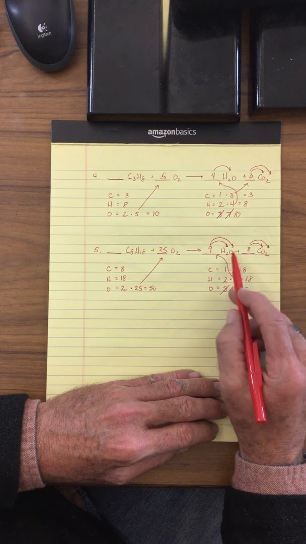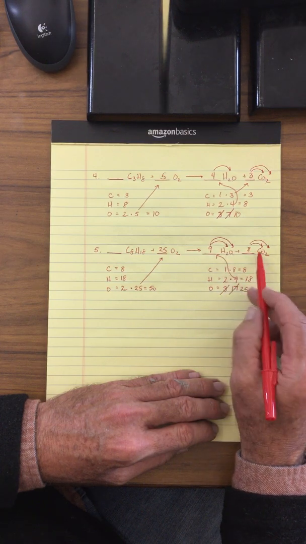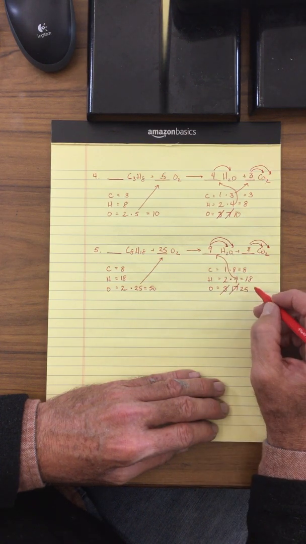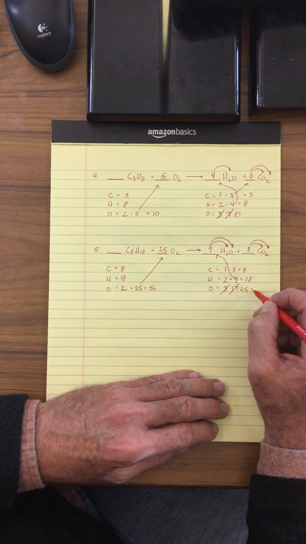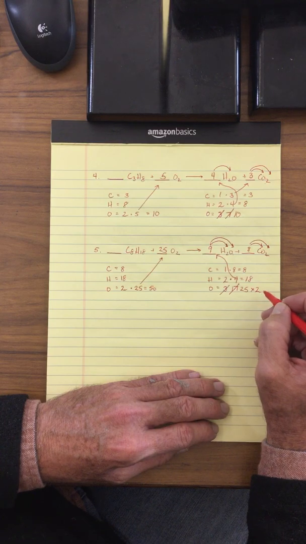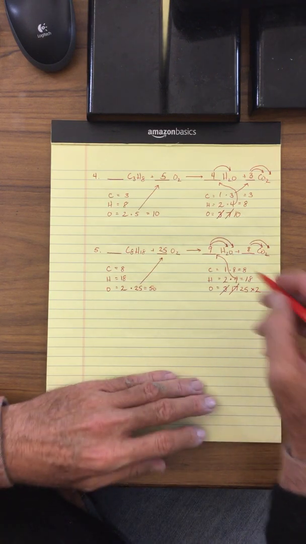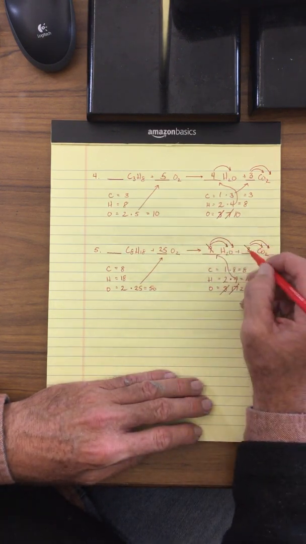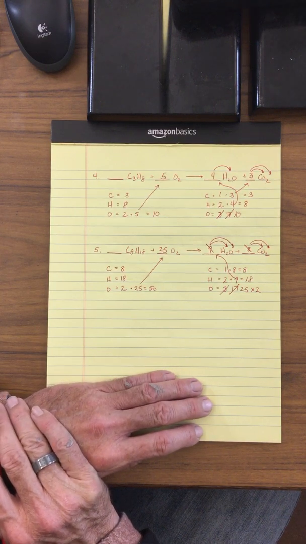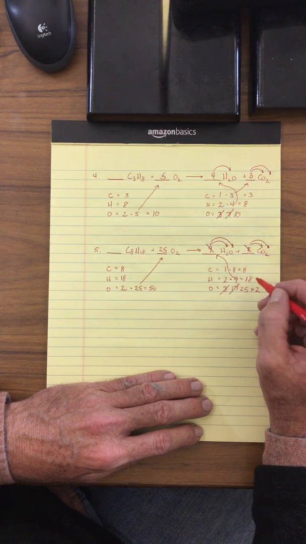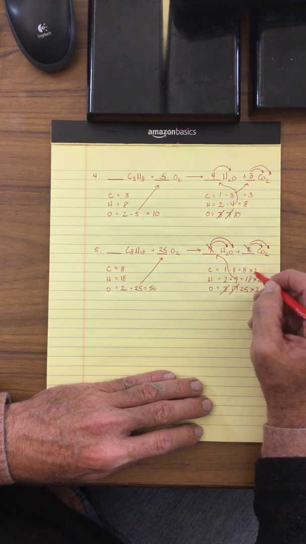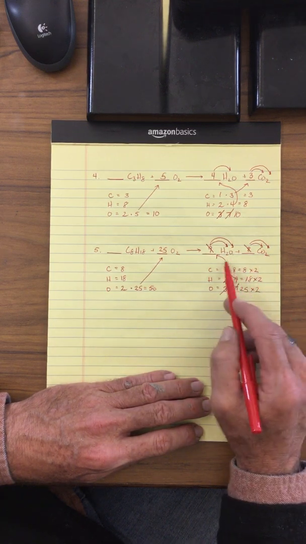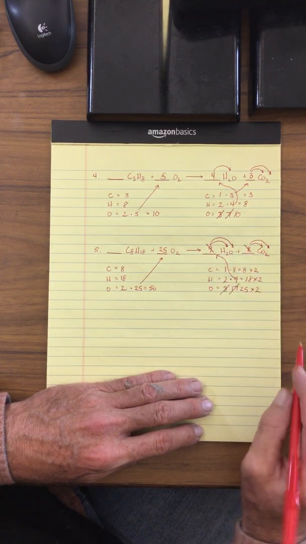But if you notice, oxygen is found in both of these. So I'm going to have to double the oxygens, and by doubling the number of oxygens, I have to double each of those numbers as well. So I'm going to have to double these guys, and I'm going to have to double these guys. If I'm doubling the oxygens, everything is going to get doubled on the right-hand side.